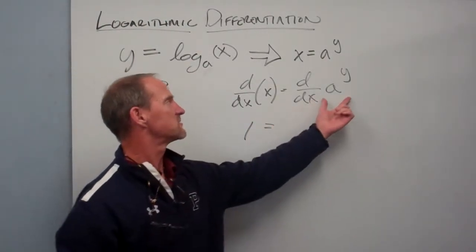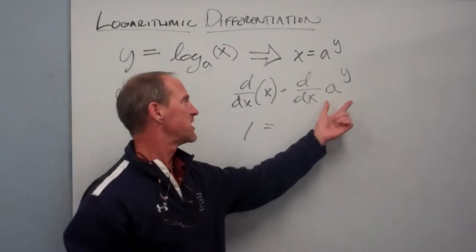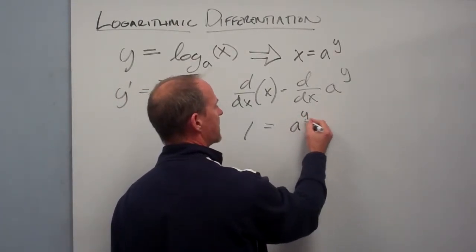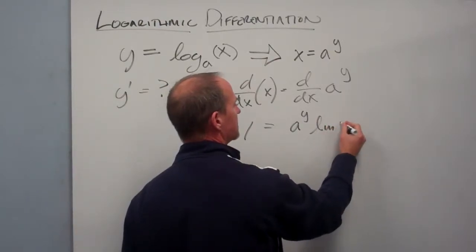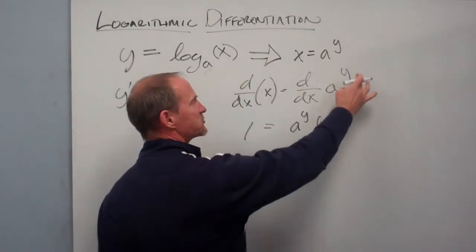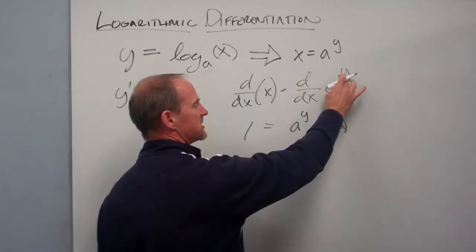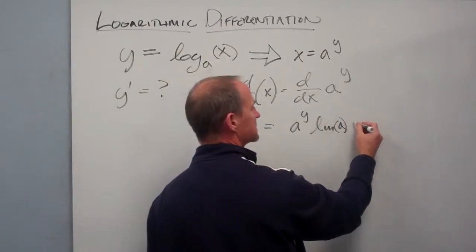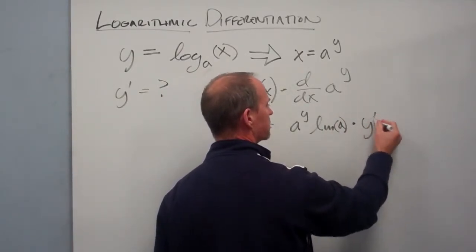And then what is this? Well, if you remember, when we differentiate this, we get a to the y, times the ln of our base, a. But that's the derivative of the outside, not touching the inside. Then it's times the derivative of the inside, y prime.